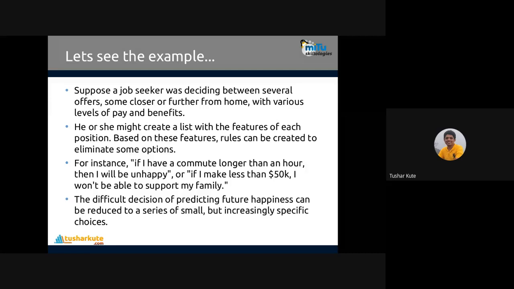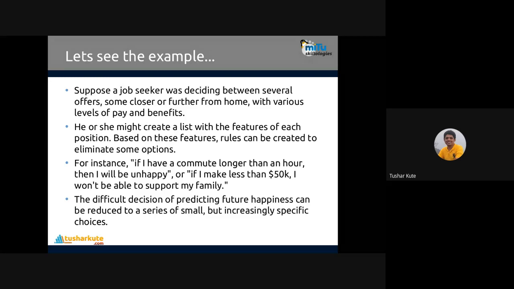For instance, if I have a commute longer than an hour, then I'll be unhappy, or if I'll be making less than $50,000, then I won't be able to support my family. These kinds of conditions are present, and based on these conditions, someone wants to choose the job.